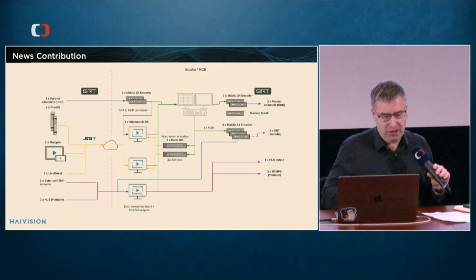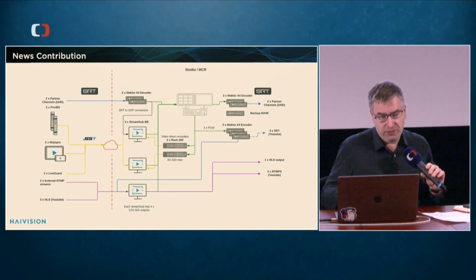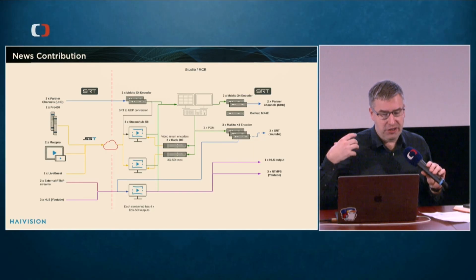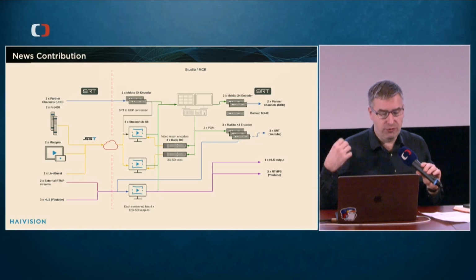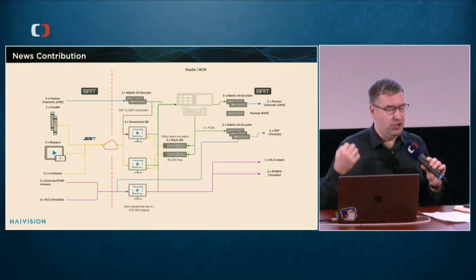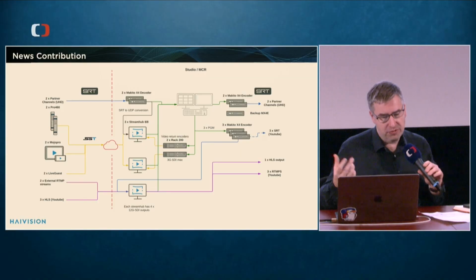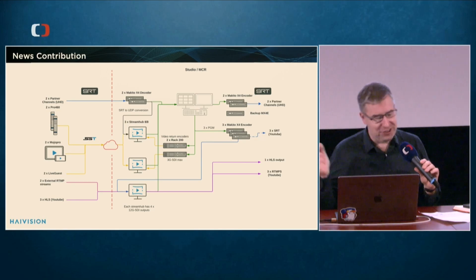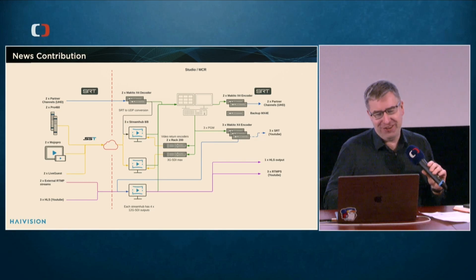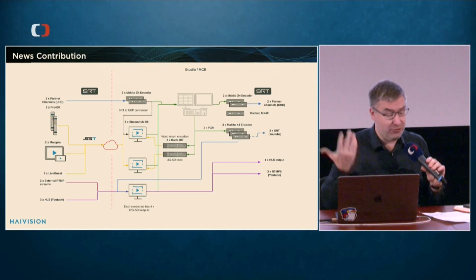So this is basically for news contribution, news production, and it's a combination again of Makitos, a combination of mobile transmitters and stream hubs. And what made this challenging is that everything needed to be UHD 4K. It's like, okay, fine.